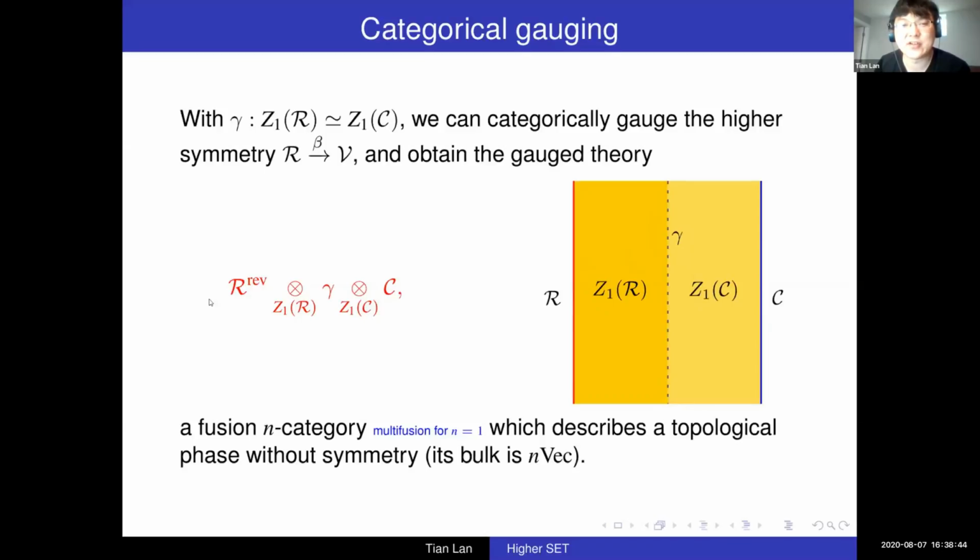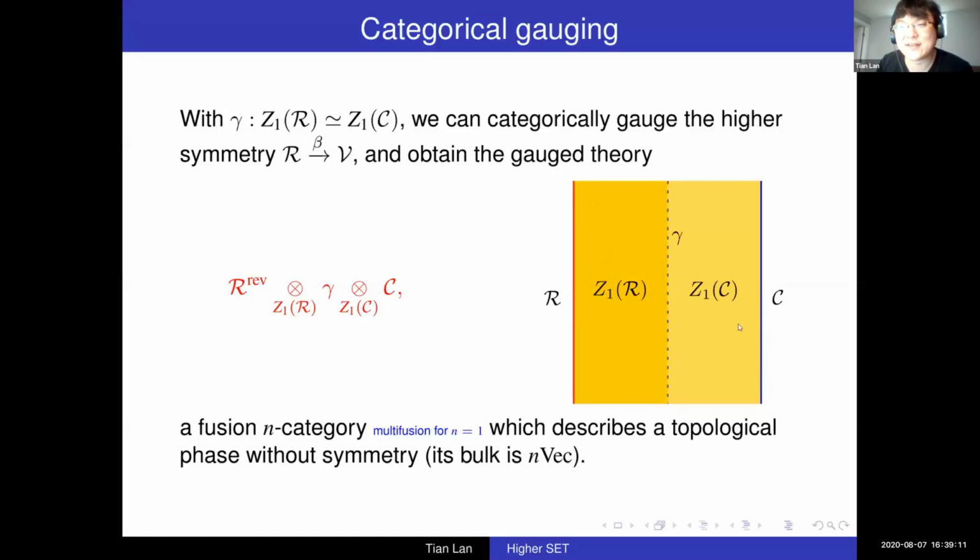So this notation is just putting them together in tensor product. And this R has a reverse, because the left boundary and the right boundary have different orientations. And the result will be a fusion n-category, and possibly multi-fusion n-category, but we only know these examples in n equals 1.